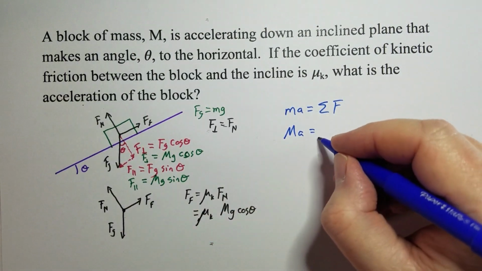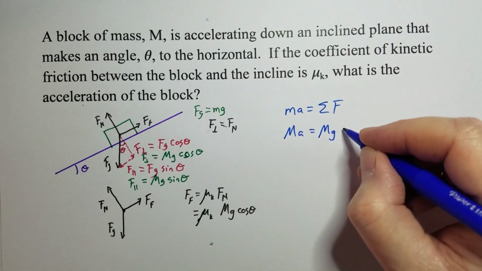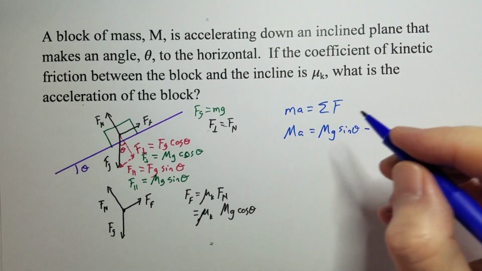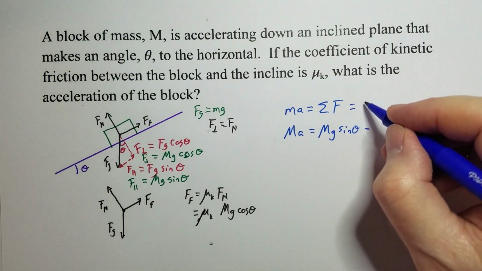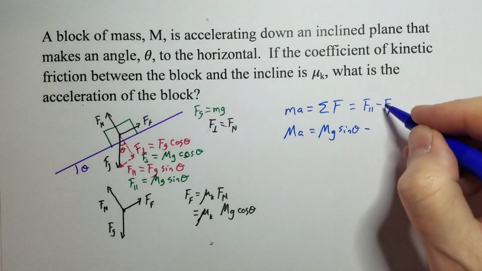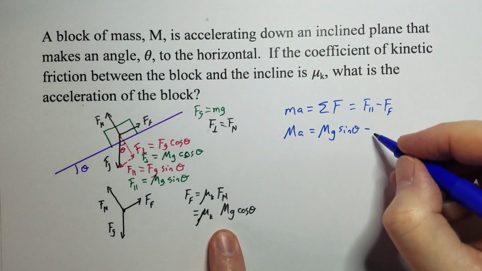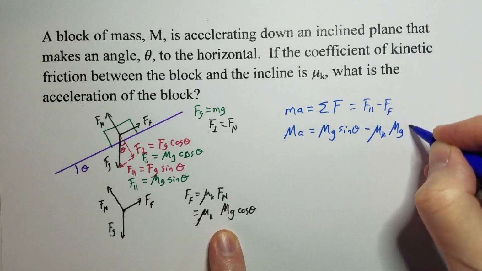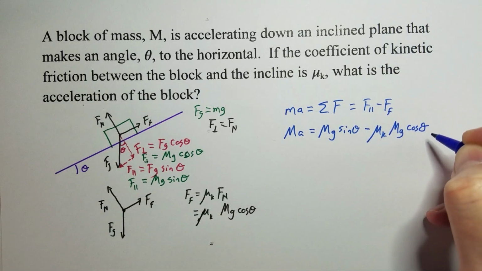So that's going to be mg sine theta minus the friction. That's the intermediate step. Minus the friction, which is mu k mg cosine theta.